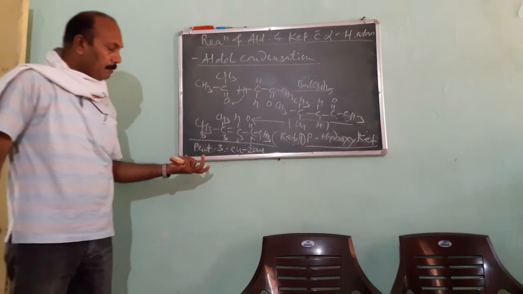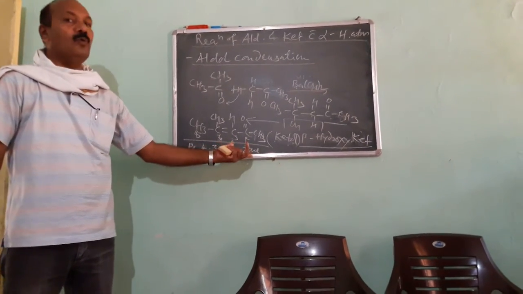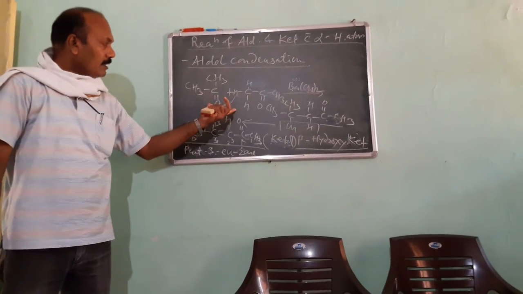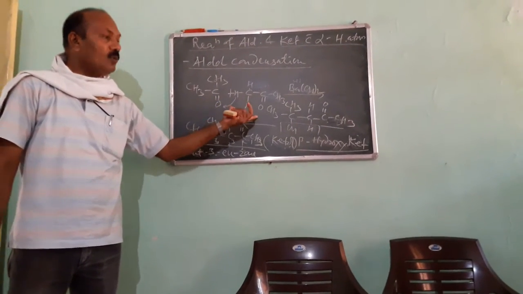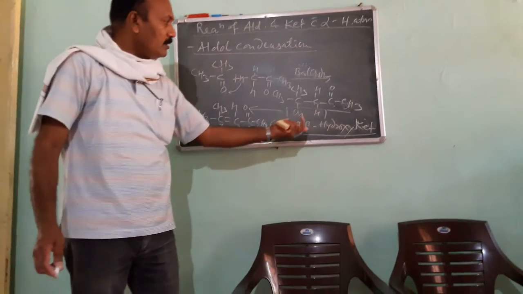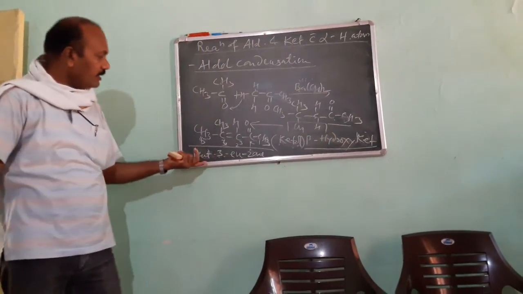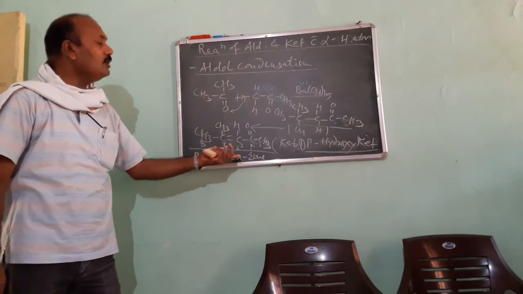The final compound pent-3-en-2-one is the final product which is obtained by the condensation between two acetone molecules, with formation of an intermediate compound as a beta hydroxyketone, and finally there is formation of pent-3-en-2-one.